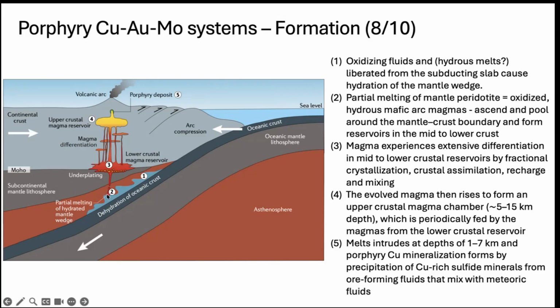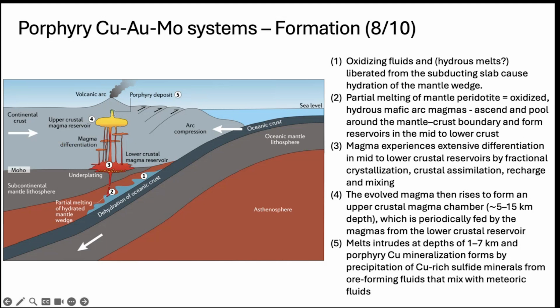Those partial melts will then rise, pond at the base of the crust, and start fractionating and produce more felsic melts. We get anatexis, or partial melting of the crust, related to these melts as well. And then ultimately we form the porphyry copper deposit at fairly shallow level, sort of 1 to 7 kilometers deep in the crust.